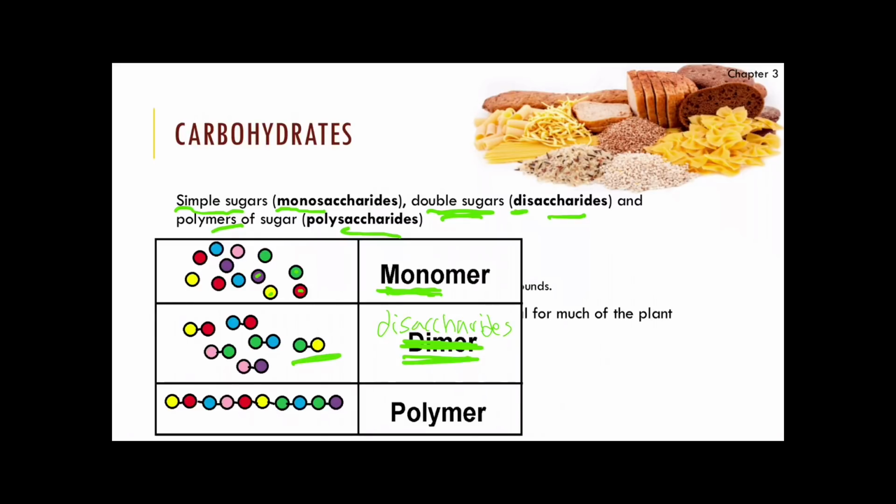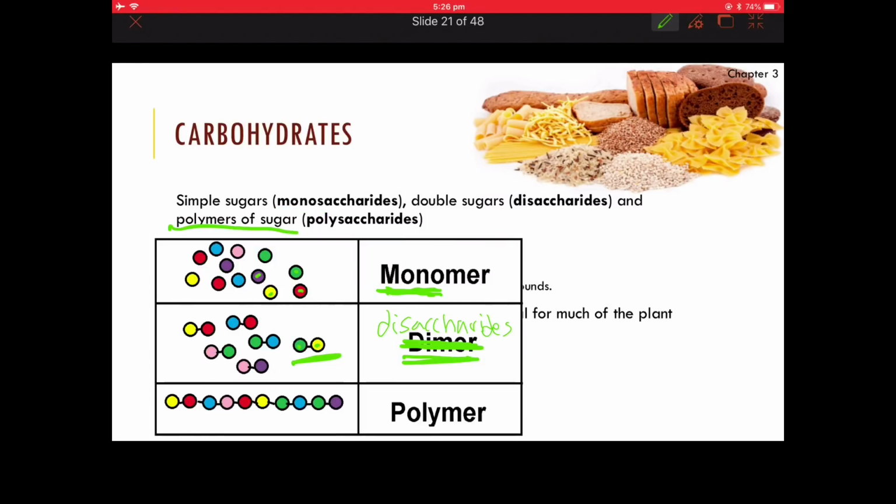So you have one monosaccharide and another monosaccharide joined together by a dehydration reaction. Polymers of sugar are polysaccharides, poly. If you have 3 monomers or more, then that's a polysaccharide. So you have one monosaccharide, another monosaccharide, a monosaccharide, and so on.